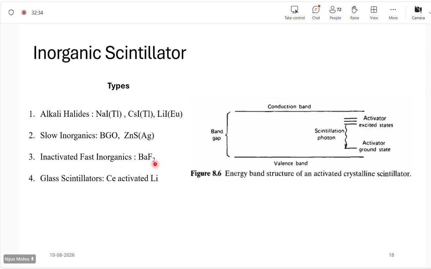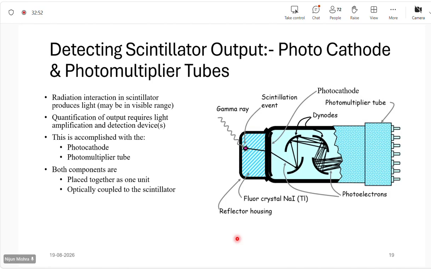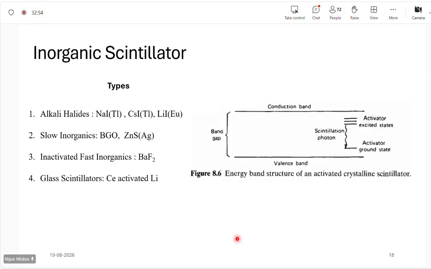Unactivated fast inorganics like barium fluoride, and glass scintillators like cerium activated lithium. In our departments, like radiation oncology, nuclear medicine or radiology, we use the sodium iodide detector mainly in nuclear medicine.